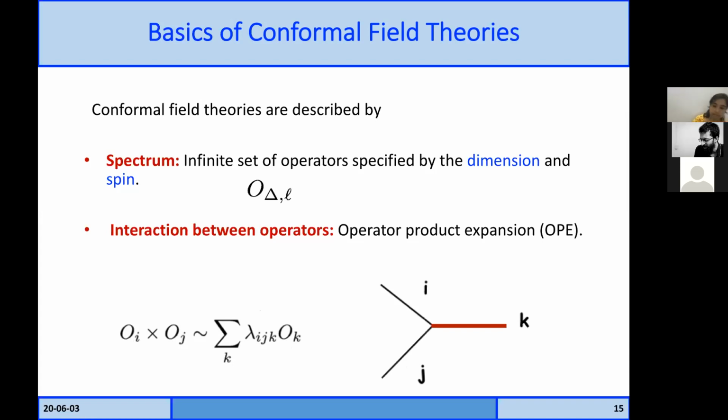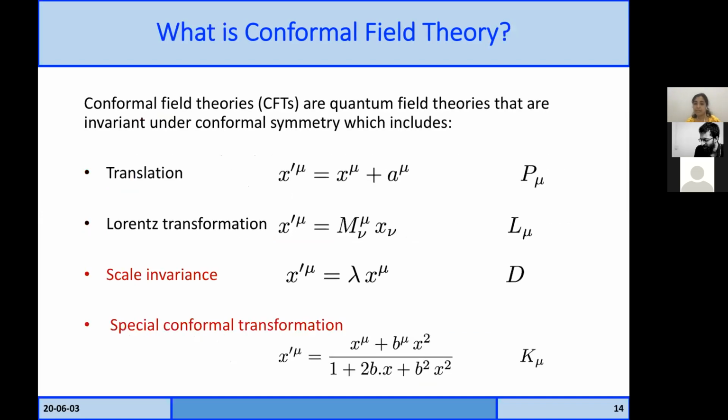Sorry, Parijat, there is a question. Someone asked, how does one come up with the special conformal transformation? Okay, so it basically consists of inversion and translation.